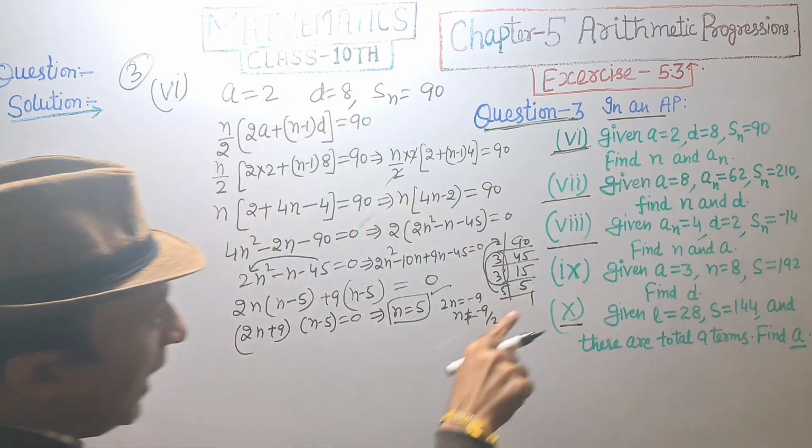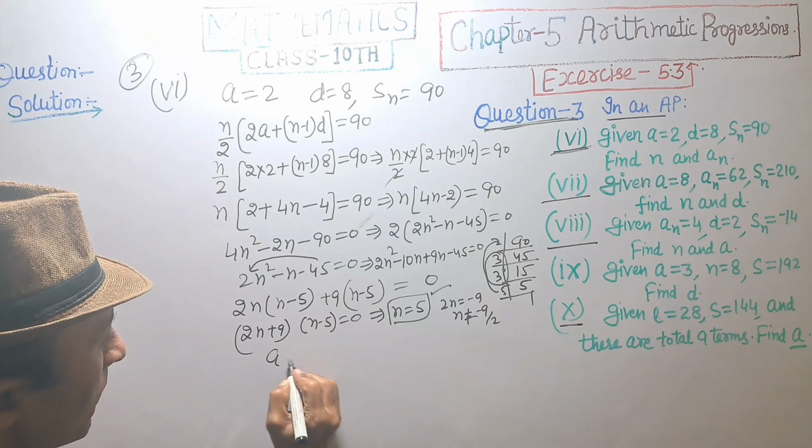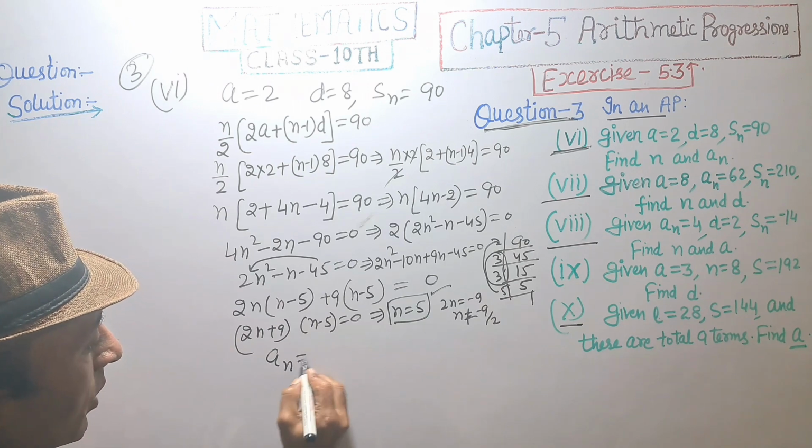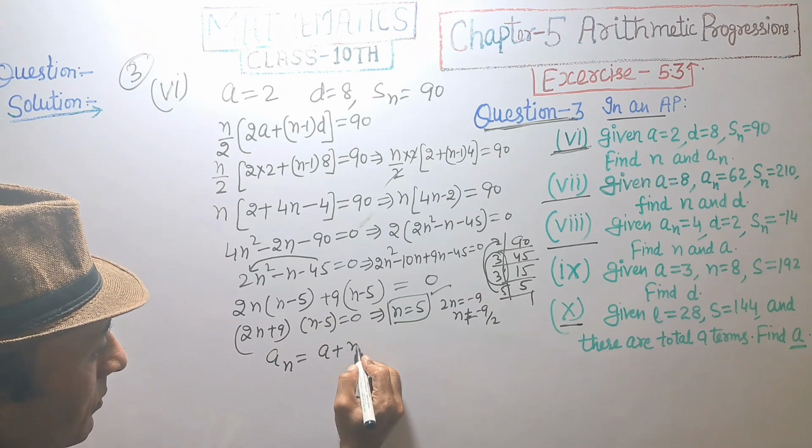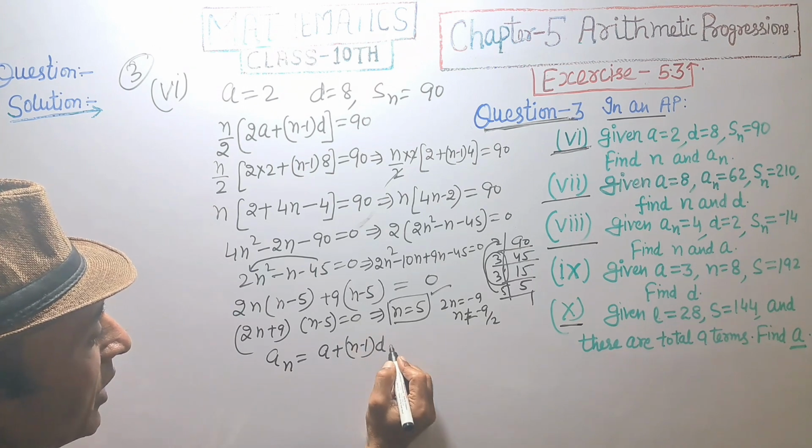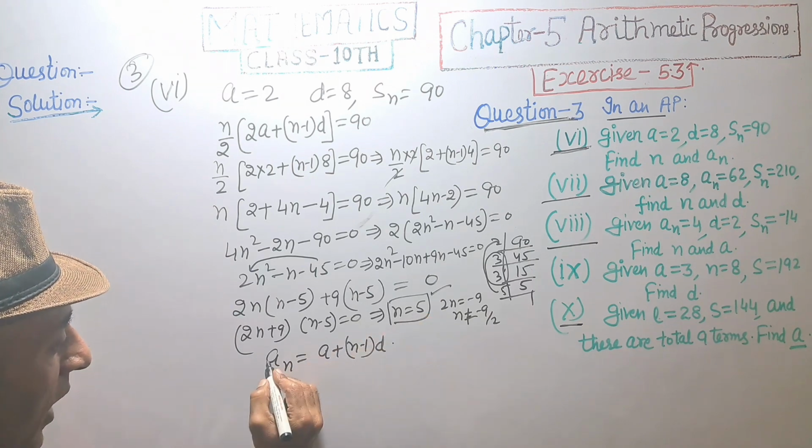We want to find n and an also. An is equal to a plus (n minus 1) into d. n is 5.